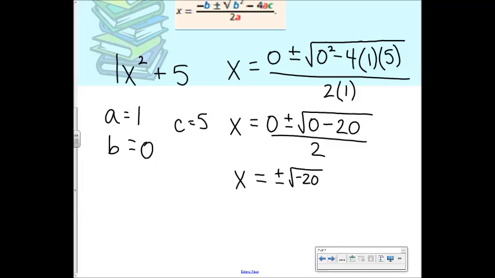Okay, that will be over 2. But I'm looking at that right now, and I already know what my answer is. How do I know what my answer is? It's got a negative in the square root, which means what? There's no solution. Okay, so there's a negative in the square root, which means there's no solution.